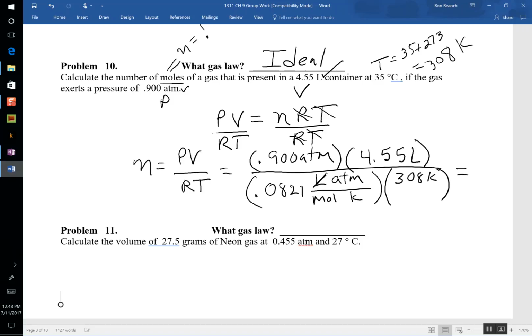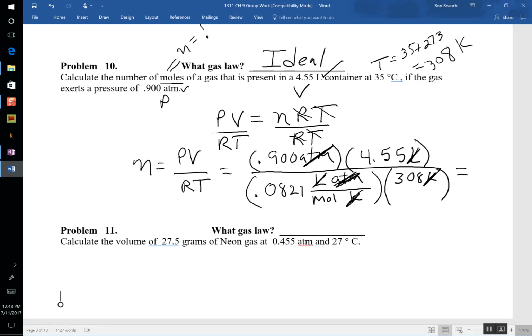So liters cross out with liters. Atmospheres in the numerator, atmospheres in the denominator. I look down in the denominator and I have Kelvin, and I have Kelvin in a fraction in the denominator. So that Kelvin crosses out with that Kelvin.